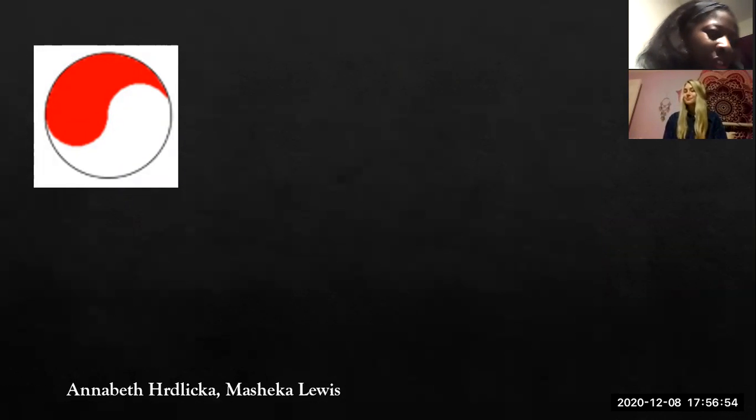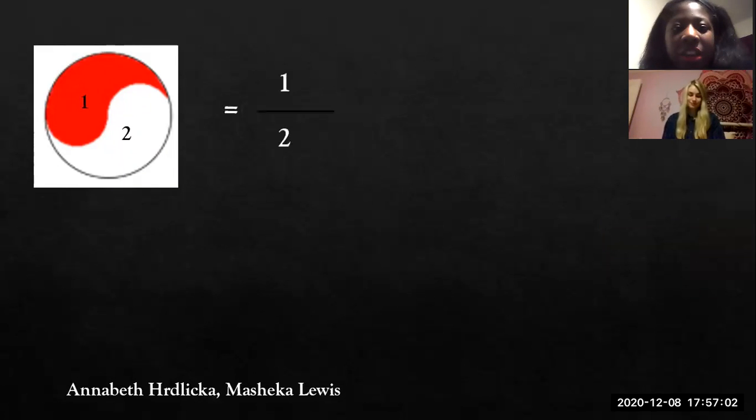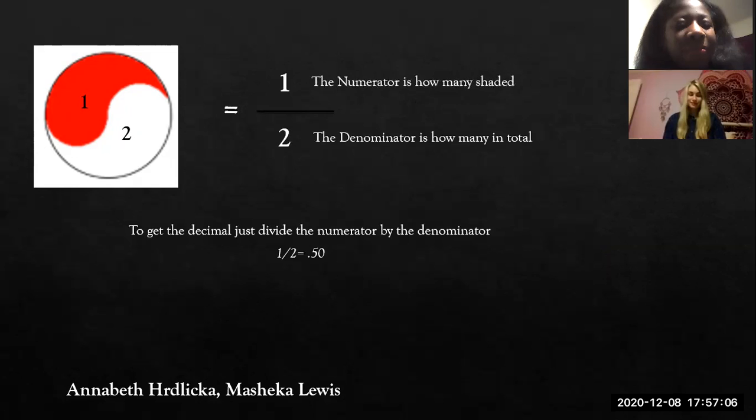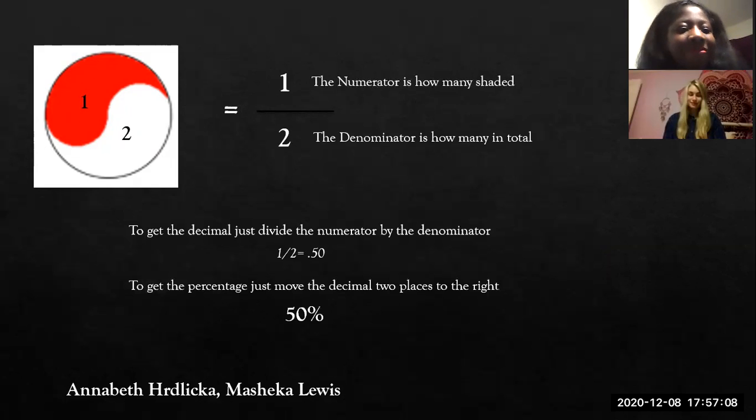Okay. For this one, I have a. Oh no. I don't have a question for you on this question. Hello? Hello? Do you have a question for me on this question?